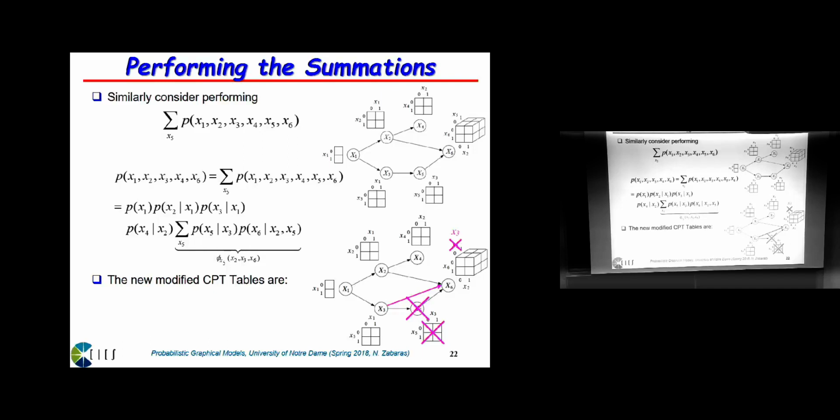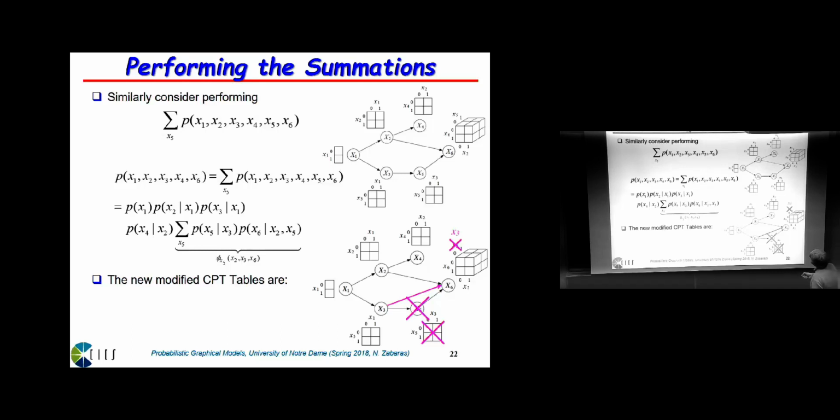Again, the same problem: here we want to compute a summation with respect to node x5. It's more interesting. I take the joint that is factorized like this, and I push the summation on x5 to the right to include only the terms that depend on x5.